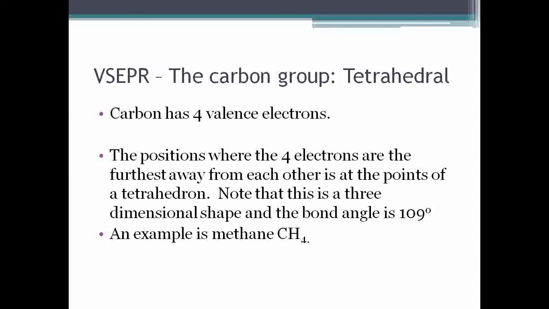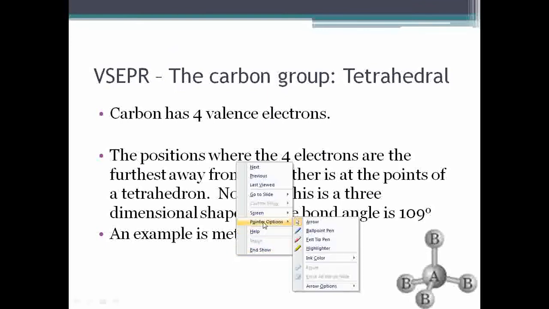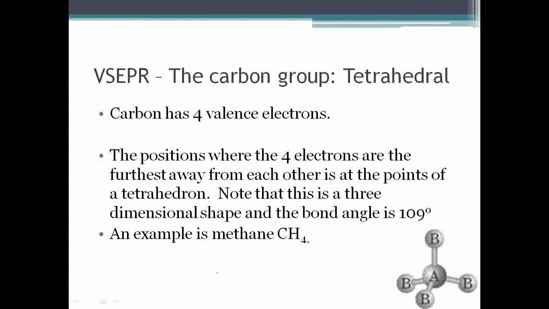And I talked about, for example, methane looking like this. The reason being that for carbon, you've got an electron there, there, there, and there, if I draw Lewis dots, and then it binds covalently with hydrogen, like that.